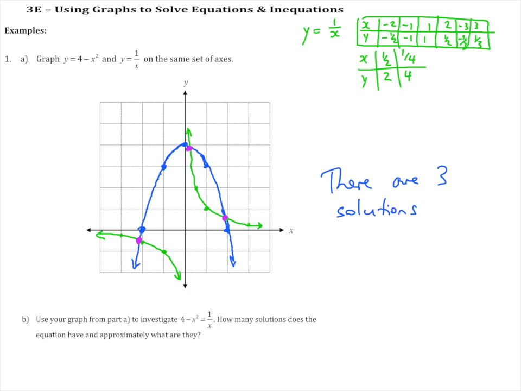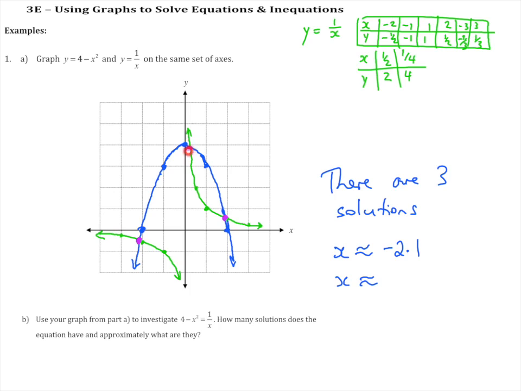And they are x equals approximately, now what's the x value of this point here? It's a little bit to the left of minus 2. I might say approximately minus 2.1. I don't know, I'm guessing. This is only approximations. This point here, maybe it's about, I know at a quarter I went up 4, that's a bit higher, so it's a little bit bigger than a quarter.